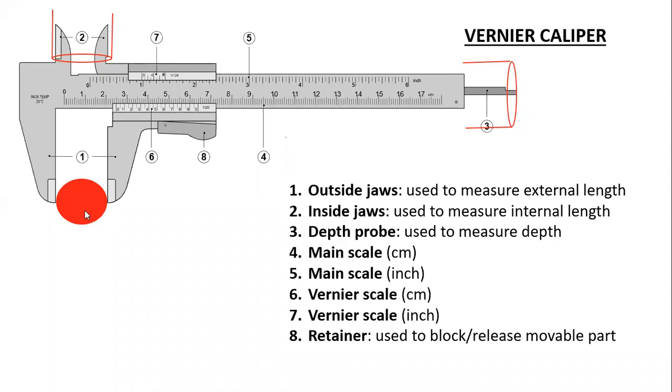If I want to fix this sphere, I need to press this retainer, place the sample, and then move the second end to the left-hand side so that it tightens the object. Then you can release the retainer. Once you release it, it gets locked. Is it clear, Adya? Is it clear this much?